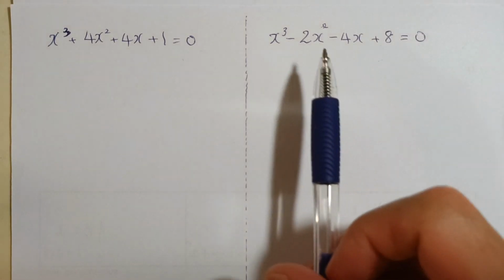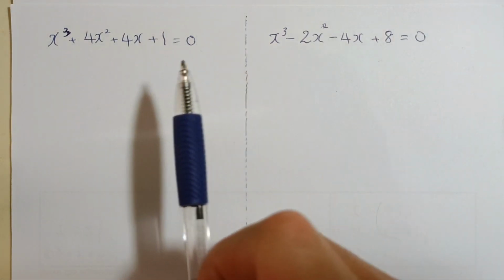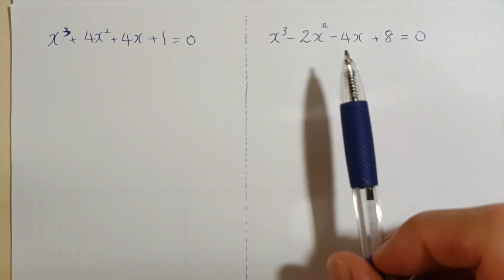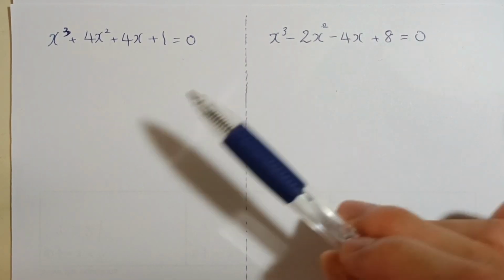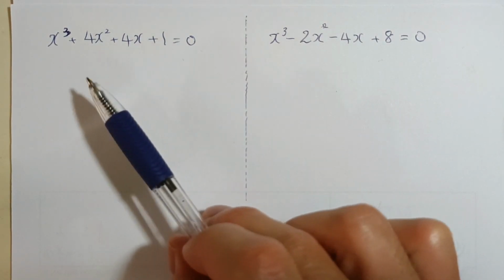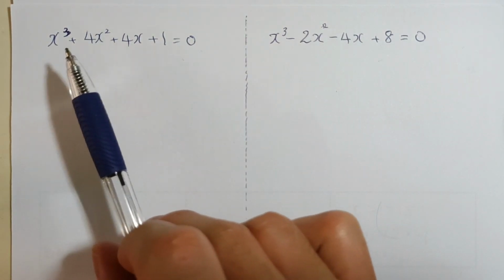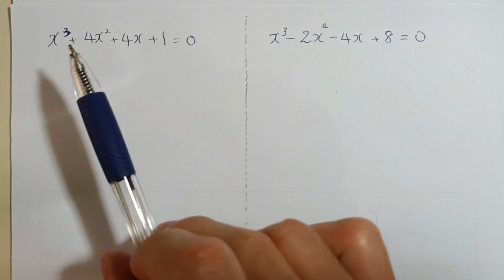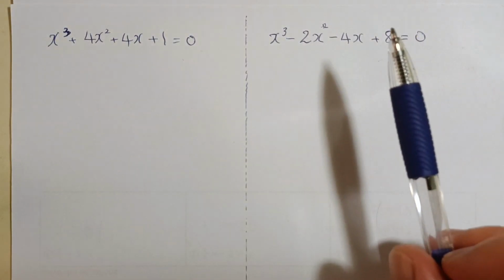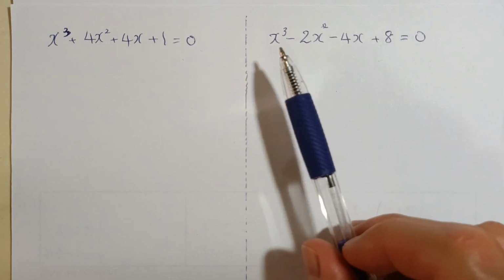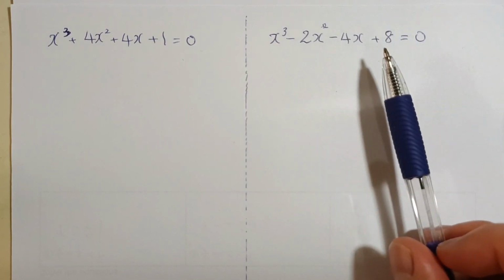If you look at these two expressions, can you see if there is some sort of symmetrical rule there? This one's easy, isn't it? If you look at the coefficients and the constant, 1, 4, 4, 1, this is symmetrical. This one is 1, negative 2, negative 4, 8.